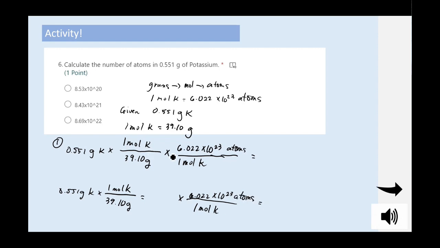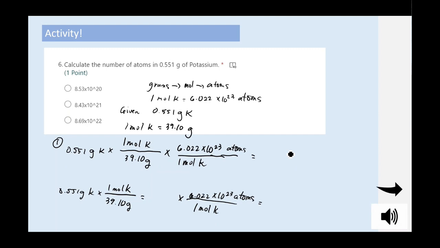Okay, so let's compute this one. 6.022 times 10 raised to 23 times 0.551, and then we divide it by 39.10.